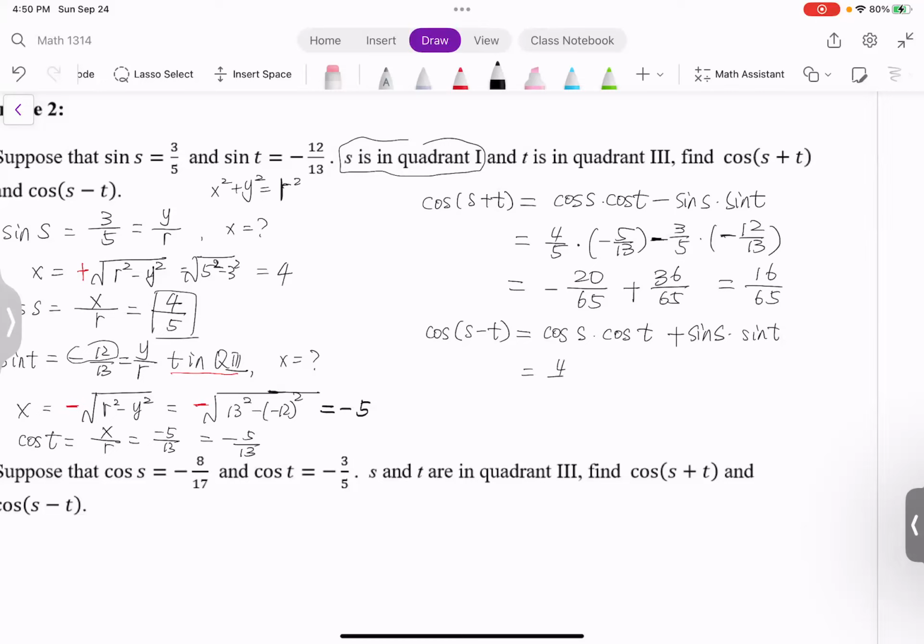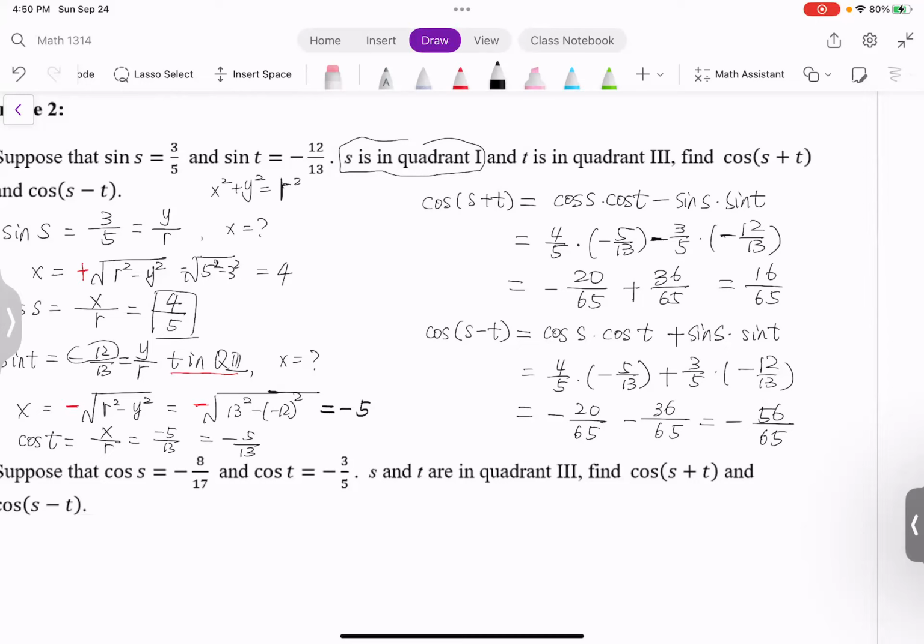That is 4 over 5 times negative 5 over 13 plus 3 over 5 multiplied by negative 12 over 13. And we have negative 20 over 65 minus 36 over 65. So we have negative 56 over 65.